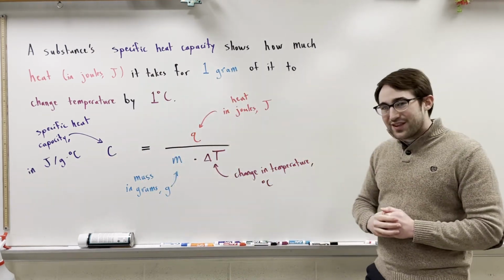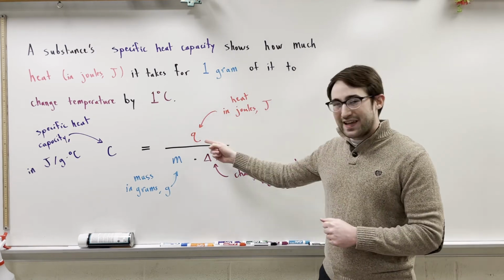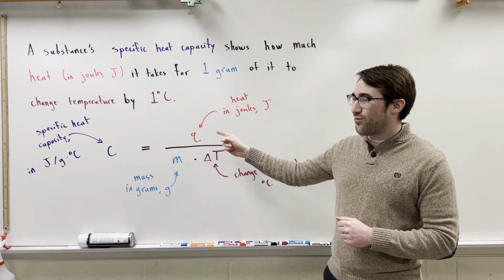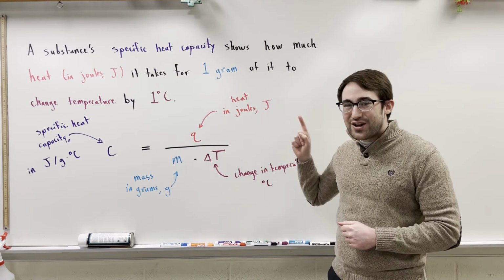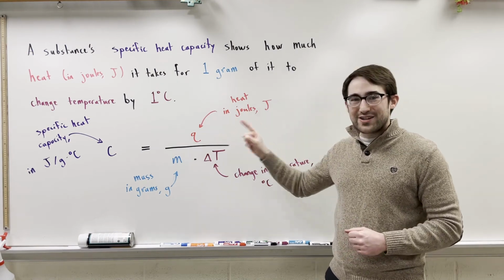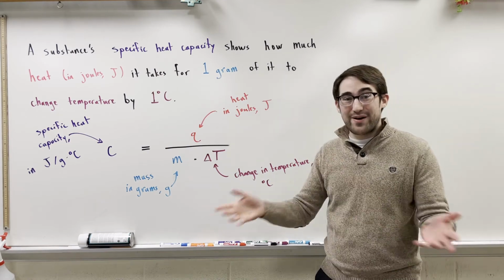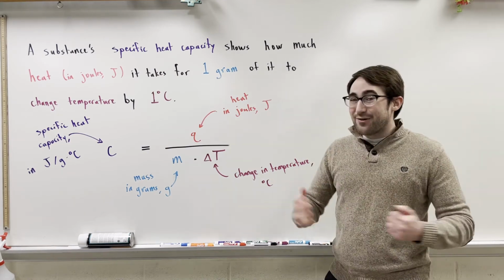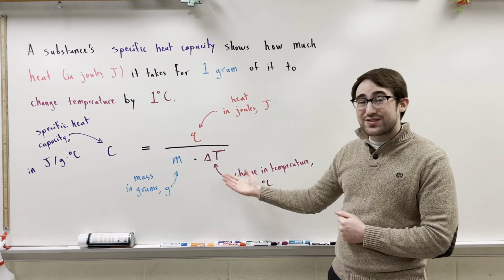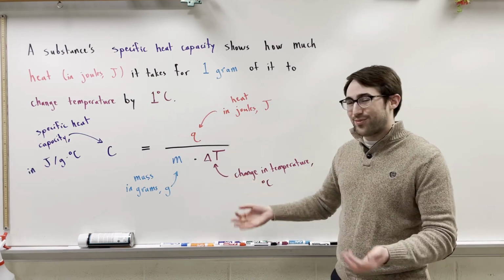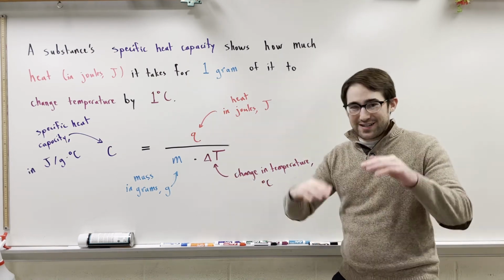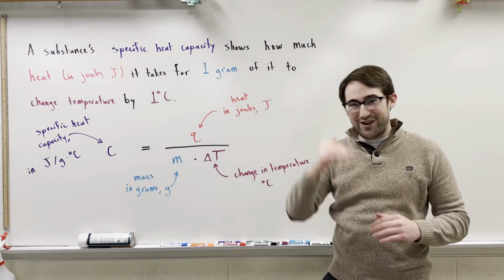And a lot of times the thing we don't know is heat, which seems kind of weird. It's actually deceptively hard to calculate how much heat is being absorbed or released by something. You'd think we'd have like a heatometer by this point or something, but we don't. We can measure the change in temperature of something pretty easily. We just take a thermometer and stick it in there, and we watch how the temperature goes, kind of before and after.